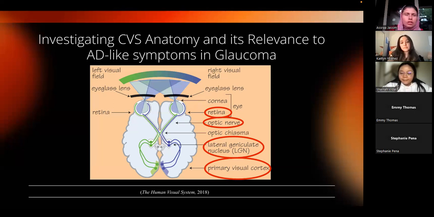I just wanted to mention that in here they looked at monkeys, and monkeys are the animals most similar to humans. So this study can proceed to patients, and they can look at glaucoma patients and their lateral geniculate nucleus, and look at if there are any manifestations of Alzheimer disease.